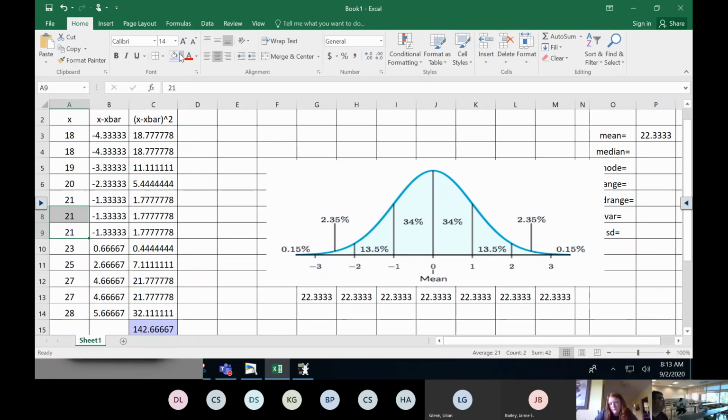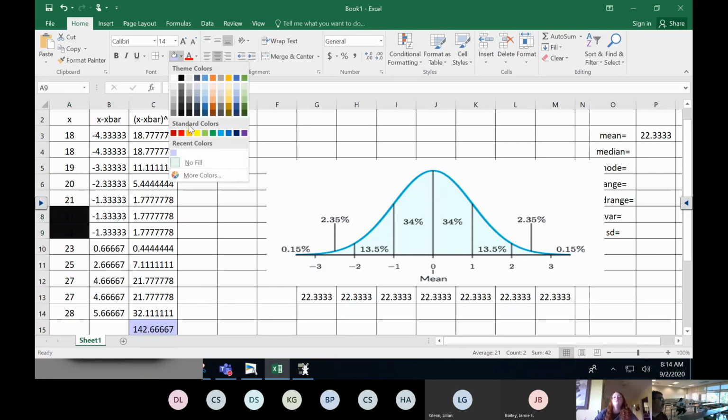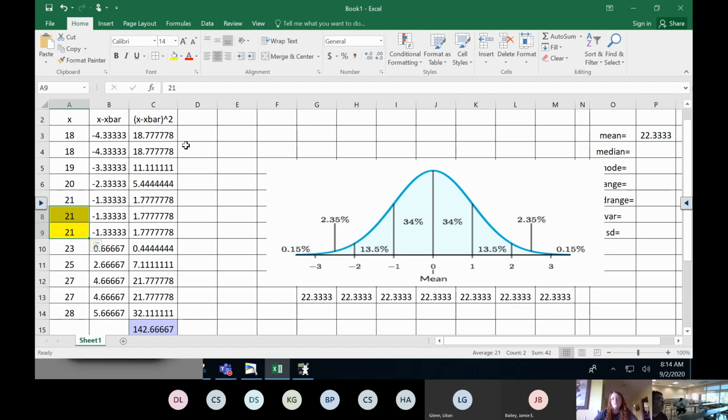I'm going to highlight those two numbers yellow, and that's going to be the average of those two, equals parentheses. I know that the average of 21 and 21 is 21. I don't need anybody telling me that, but those numbers are not going to be the same all the time.